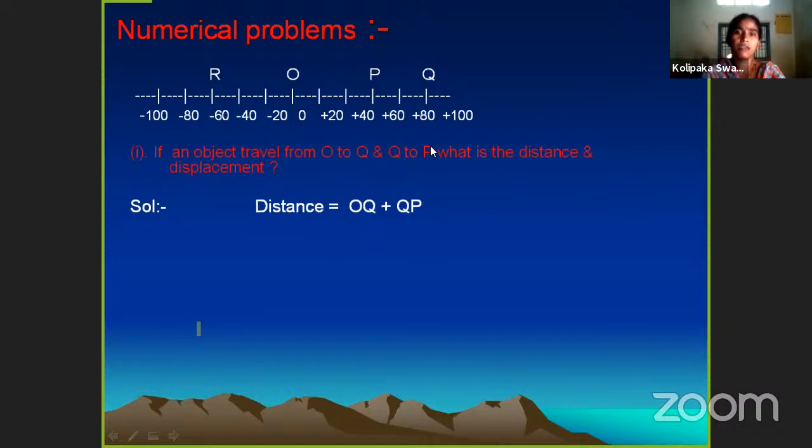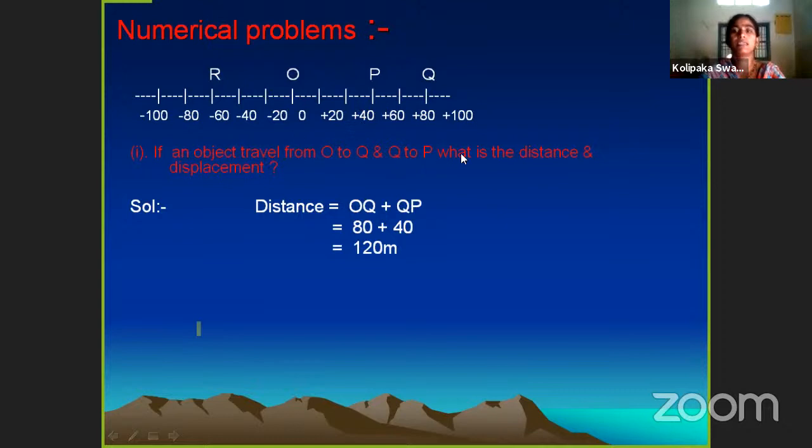Suppose it is positive 80 meters, plus QP distance, 40 meters. OQ distance is 80 and QP distance is 40. Total distance is 120 meters. That means the object traveled 120 meters.